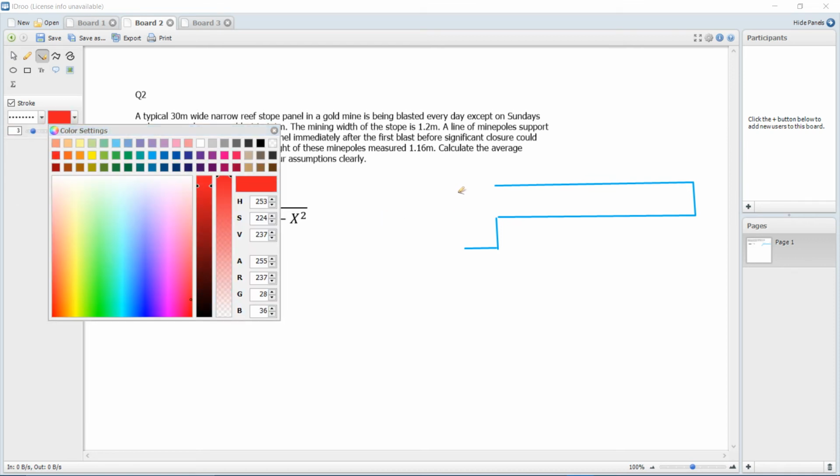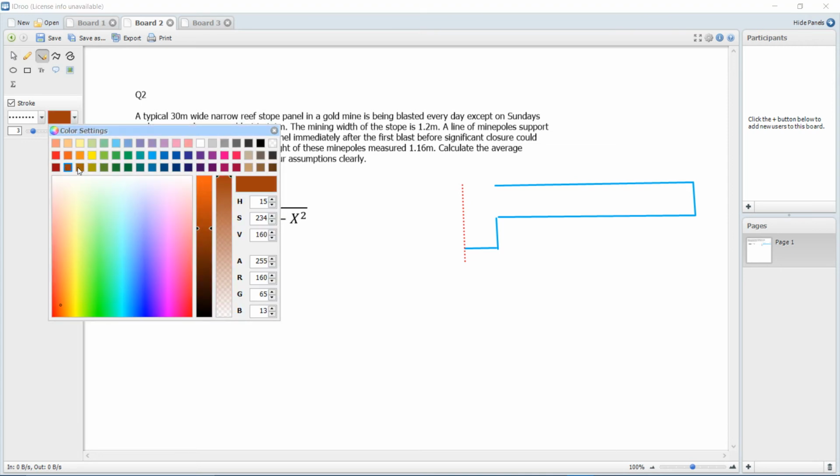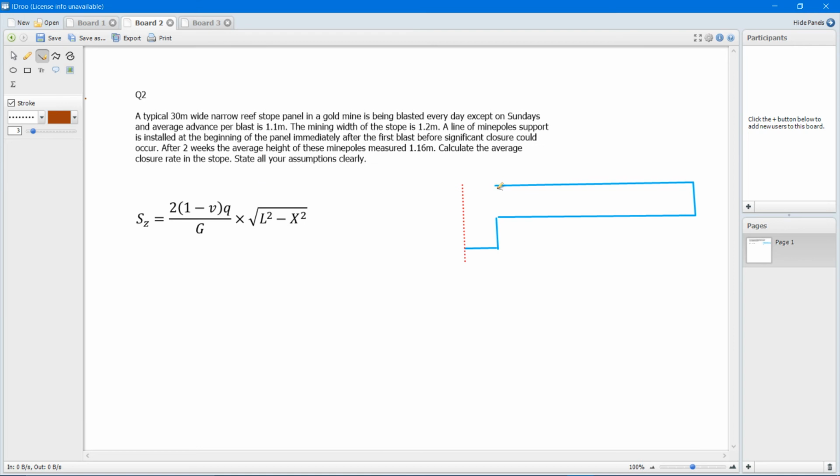Now, you obviously have the center of your strike gully, right? And you had the mine pole being installed immediately after the first blast before significant closure could occur, right? Now, these mine poles were installed, okay, I'll use brown for the sake of contrast.